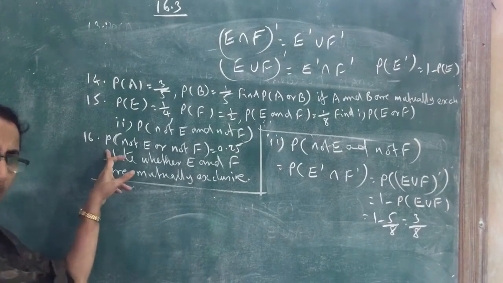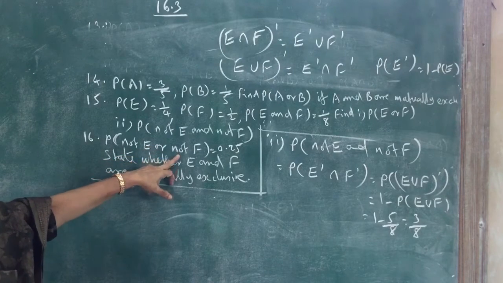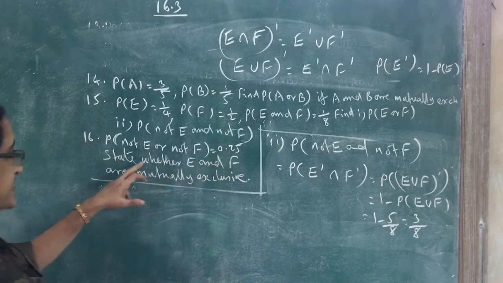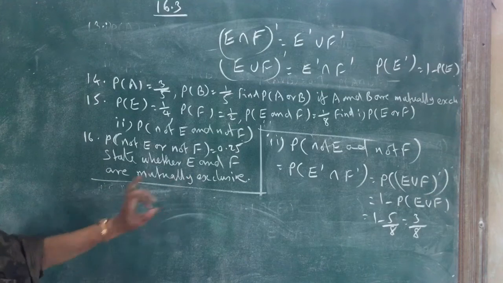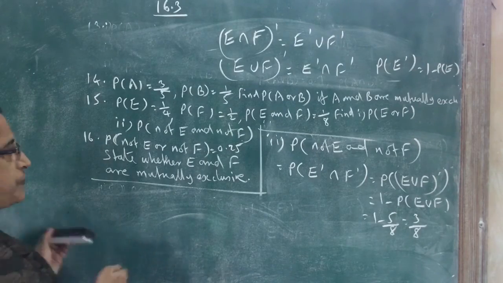Now the 16th one: probability of not E or not F equal to 0.25. State whether E and F are mutually exclusive. We know if E and F are mutually exclusive, E intersection F equals the null set, then probability of E intersection F will be 0.